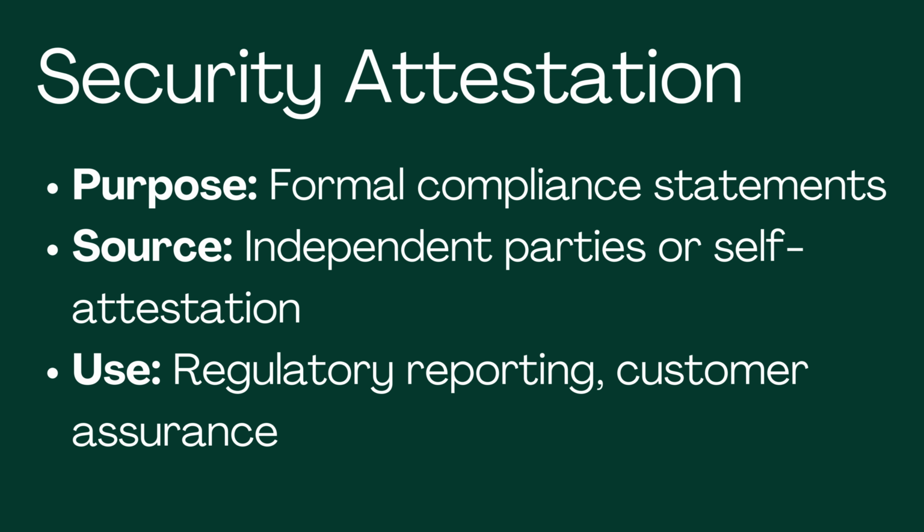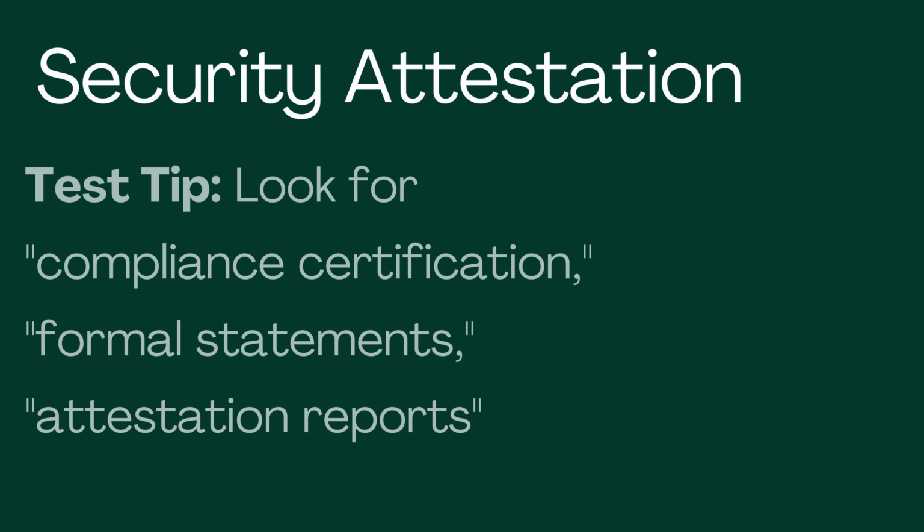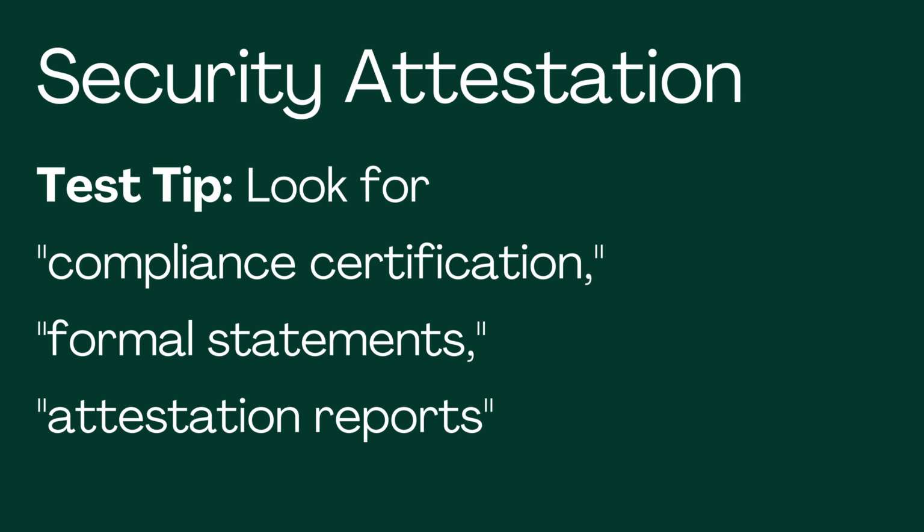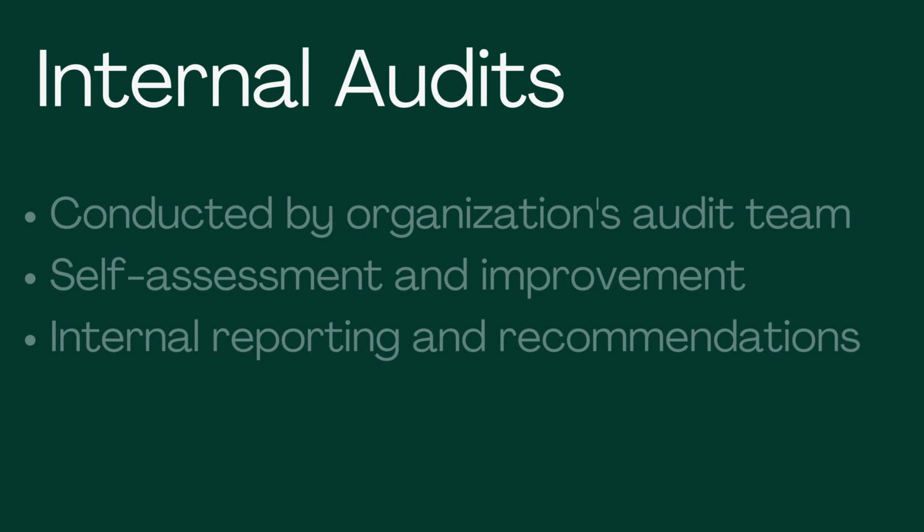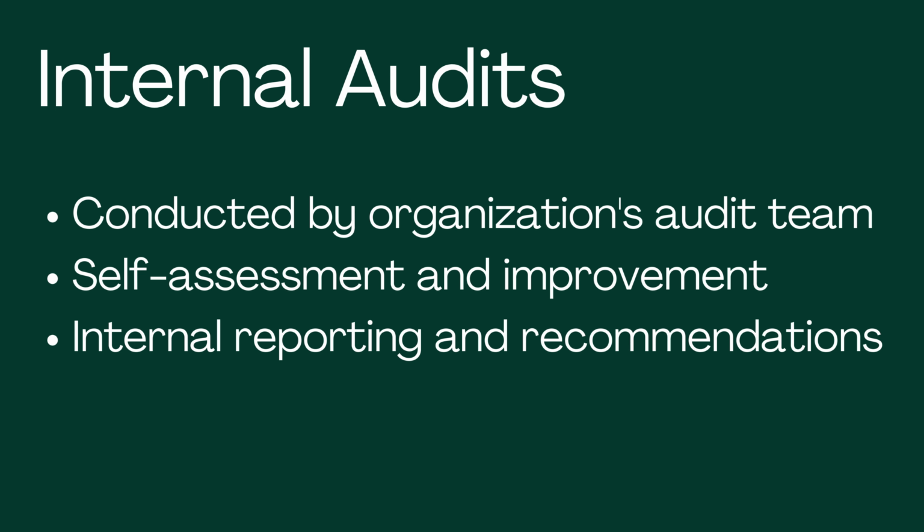This involves formal statements or certifications about the organization's compliance status or security posture, often provided by independent parties. You might see compliance certification, formal statements, attestation reports, certification statements, or compliance attestation. For internal audits, these are evaluations conducted by the organization's own audit team to assess compliance, controls, effectiveness, and program performance.